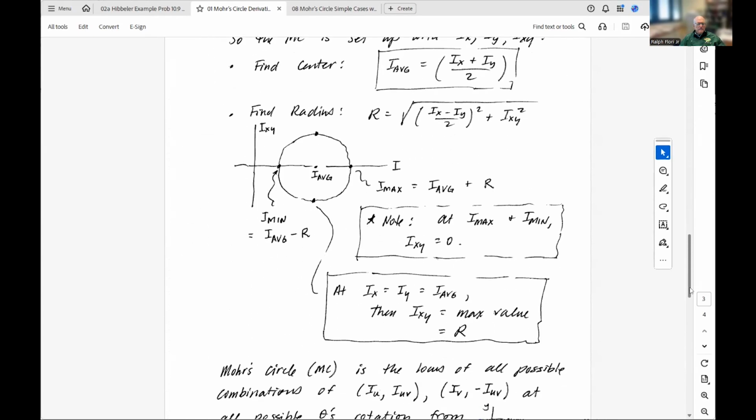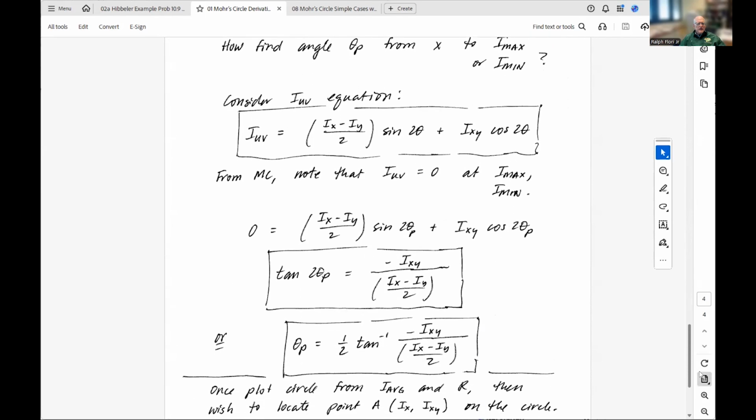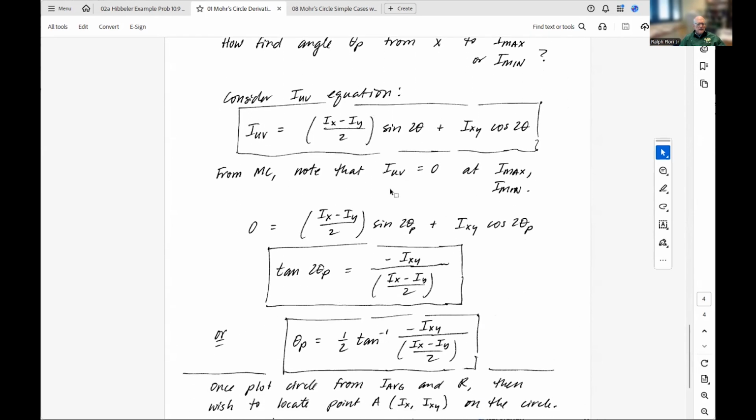If you do that, you can solve for tangent of 2 theta P, and that's equal to negative IXY divided by IX minus IY over 2. And then theta P is equal to 1/2 inverse tangent of negative IXY divided by IX minus IY over 2.